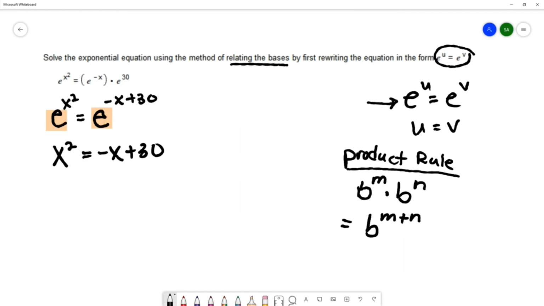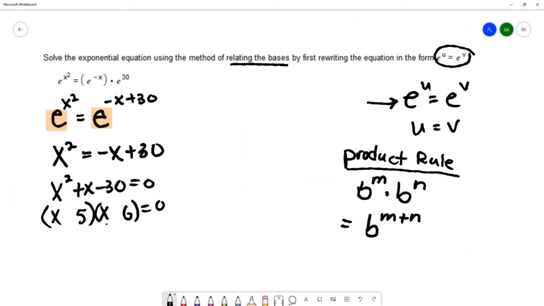So this has given us a quadratic equation, and I'll solve this by moving all the terms to the same side and factoring. So we have x squared plus x minus 30 equals 0. We'll factor. That gives x and x. 30 we can factor into 5 times 6.